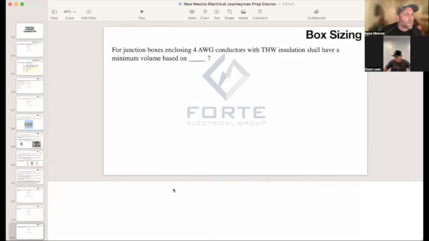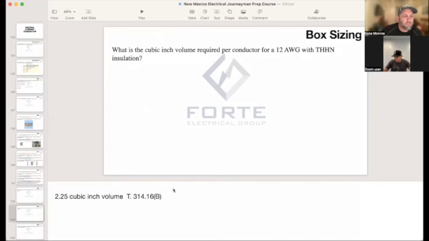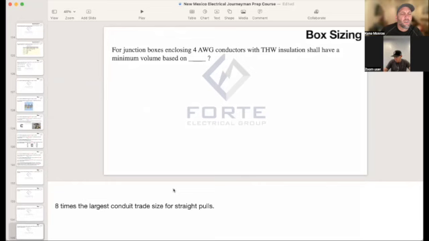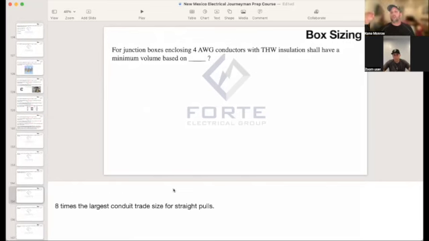If you had a 2-inch conduit coming in the side of this junction box, and it went straight across and went out the other side with a 2-inch conduit, you would take that 2-inch conduit and multiply it times 8, because straight, your multiplier is 8.